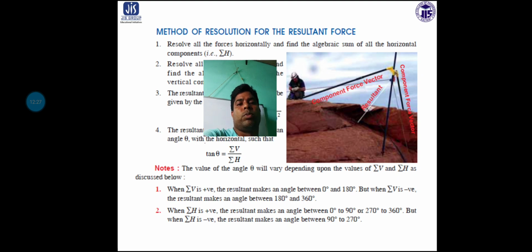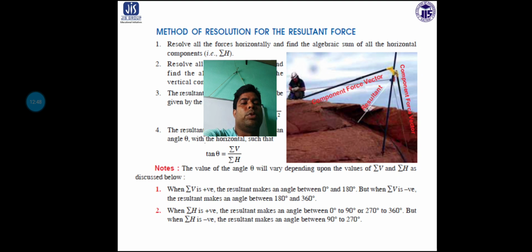Some notes are also there. The value of the angle theta will vary depending on the values of summation of V and summation of H, as discussed below. When summation of V is positive, the resultant makes an angle between 0 and 180 degrees.